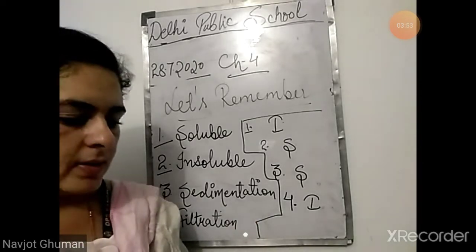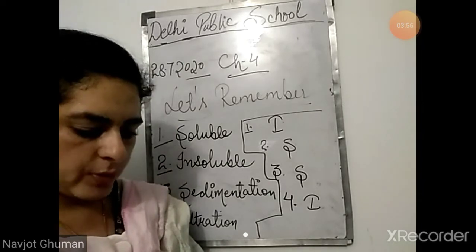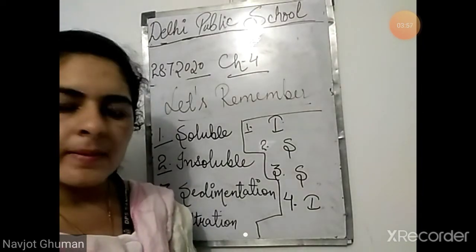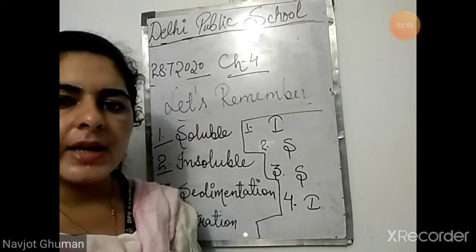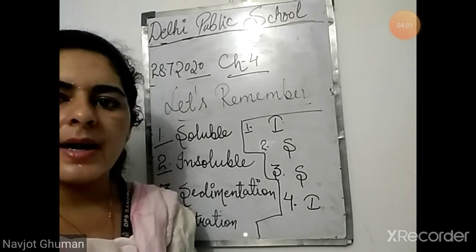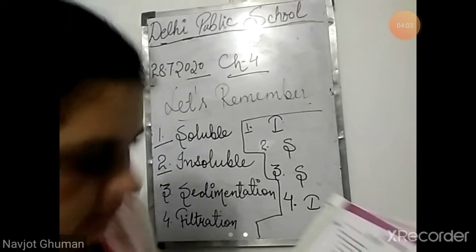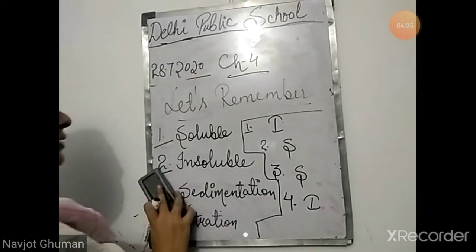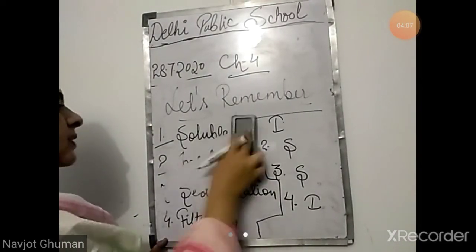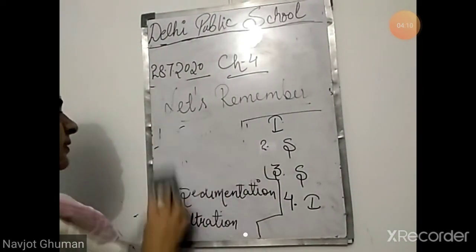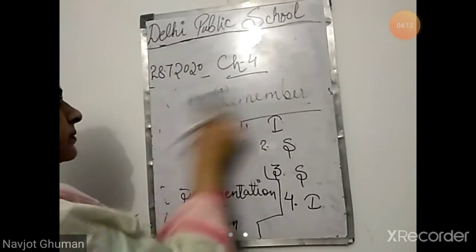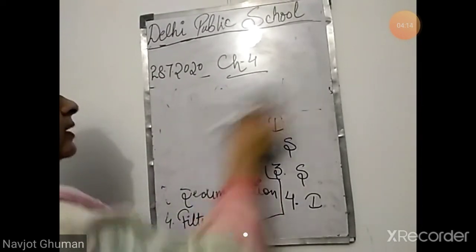Now come to page number 51, that is objective type questions. Fill in the blanks. Options are given along with the blanks. You have to choose the correct option and write in the blank. Page number 51.